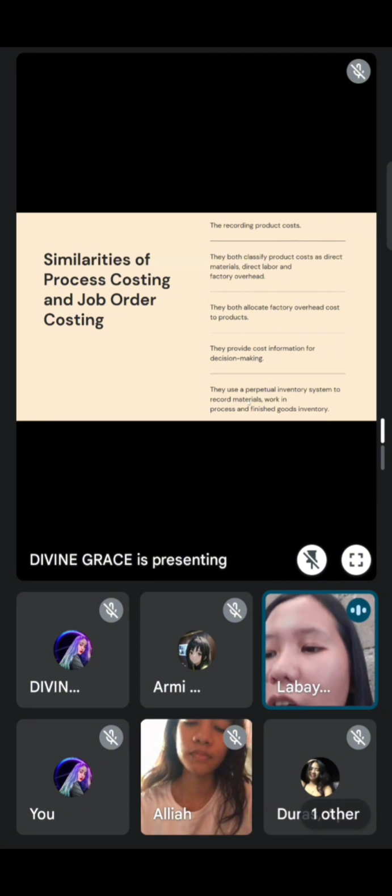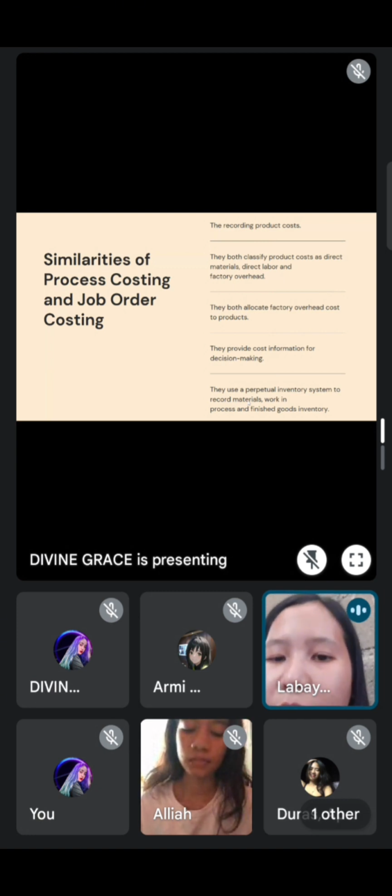In both methods, factory overhead costs are allocated to products to ensure a fair distribution of indirect costs. Both systems provide essential cost information that can be utilized for decision-making processes within the organization. And lastly, both systems employ a perpetual inventory system, maintaining continuous and up-to-date records of materials, work in process, and finished goods inventory.